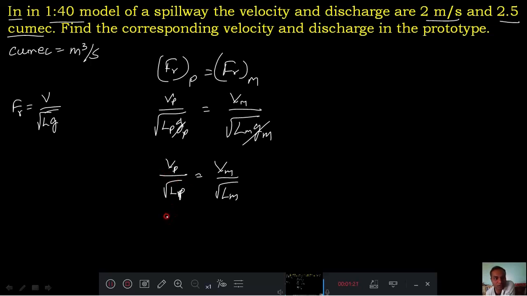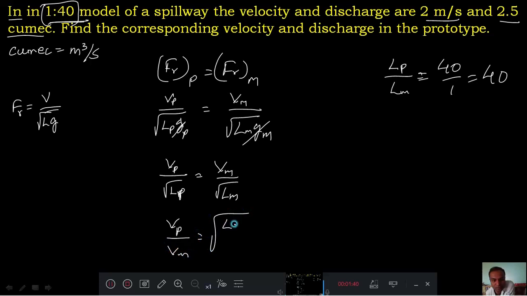Then substitute what is known here. The 1 in 40 is given, which means the scale ratio, Lp by Lm, is 40 by 1, equal to 40. Then Vp by Vm is equal to square root of Lp by Lm, therefore Vp by Vm is equal to square root of 40.